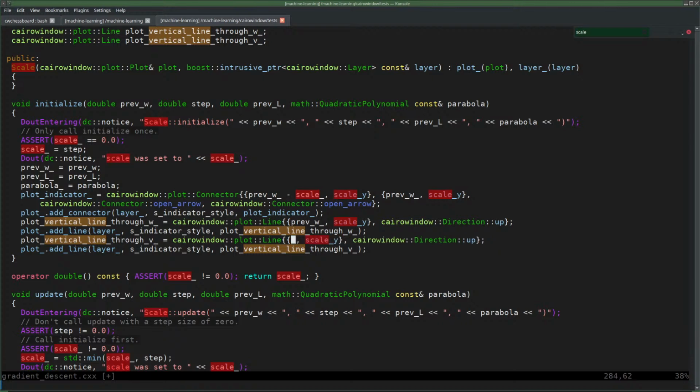So then this must become the value at which the parabola has its 0. How do I find that? No, wait, I just want to use this value.